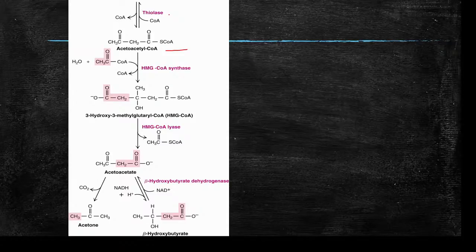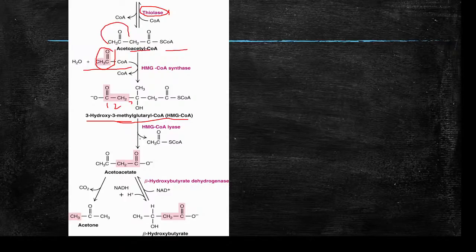The acetyl-CoA thiolase enzyme catalyzes this reaction, and 1 molecule of coenzyme A moves out. Then 1 more molecule of acetyl-CoA transfers the acyl group, that is CH3CO, to acetoacetyl-CoA. This forms 3-hydroxy, 3-methylglutaryl-CoA, which has 6 carbon atoms. So in short, it is called HMG-CoA.